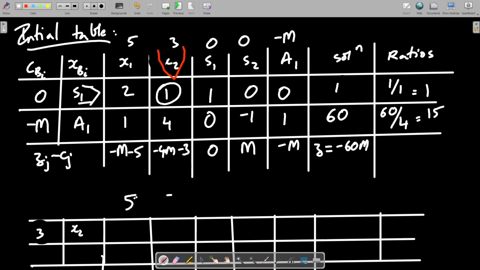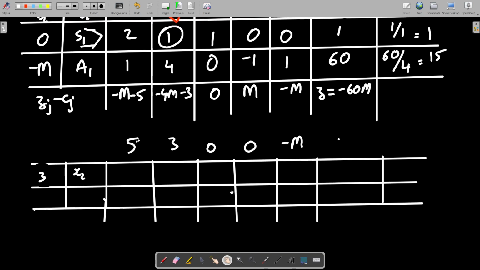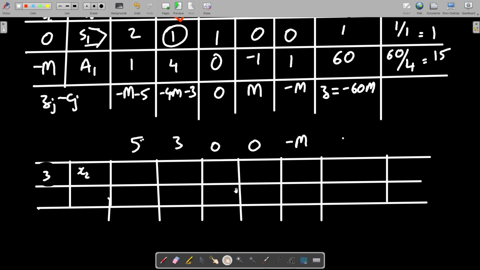So I'll write down here 5, 3, 0, 0, minus M, solution, ratios. So 2 divided by 1 is 2, 1, 1, 0, 0, 1.